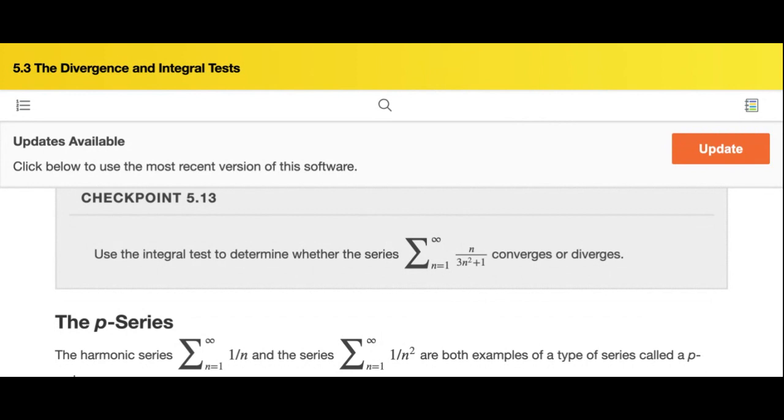We let u be 3x squared plus 1. Then du would be 6x dx. But in the numerator we only have x, so we just have to offset with 1 over 6, right? Anyway, you try it. Let me get some water. Let me also turn my light on.